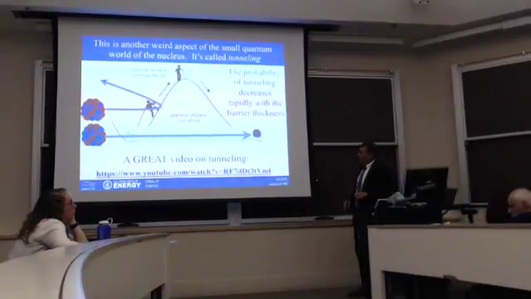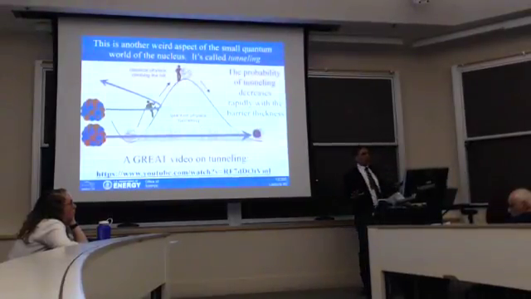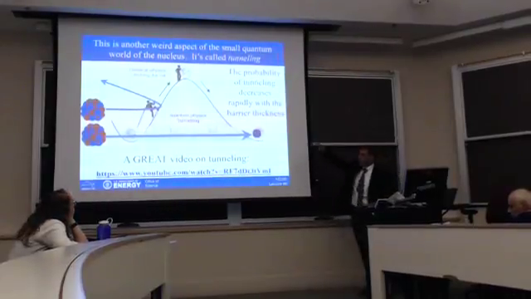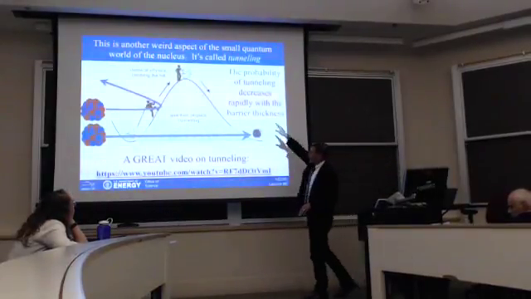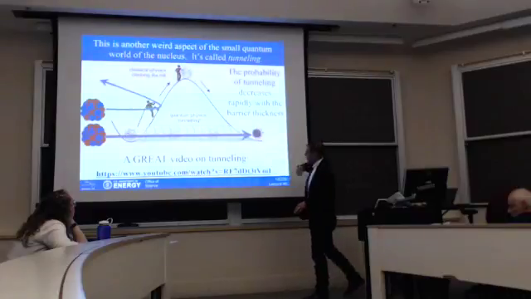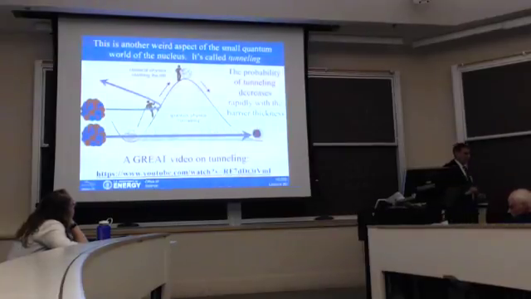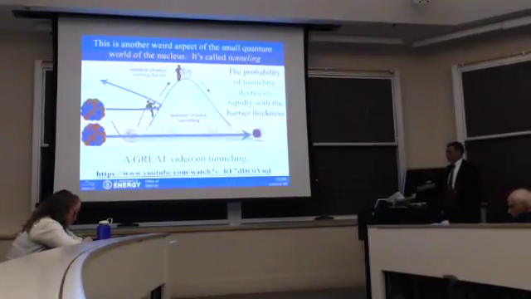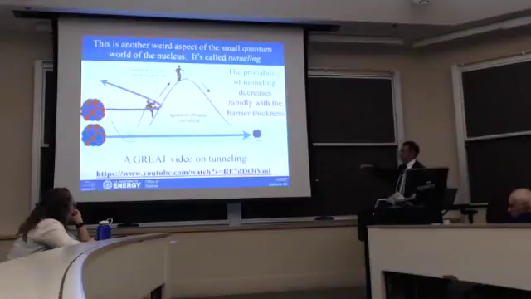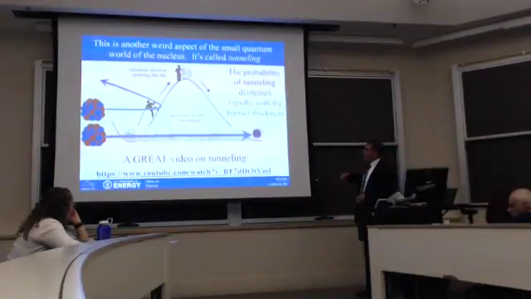In quantum mechanics, something which is not allowed classically, so there is a potential energy, if I'm talking about a gravitational problem here, the curve represents the potential energy, mgh, mass, the acceleration of gravity at the surface, and h is the height.